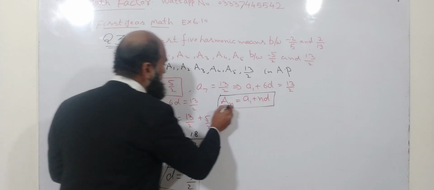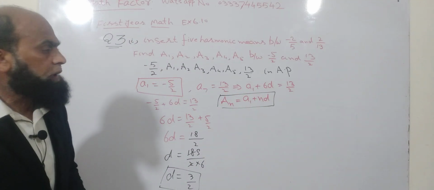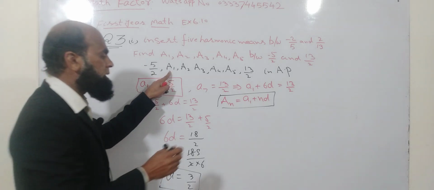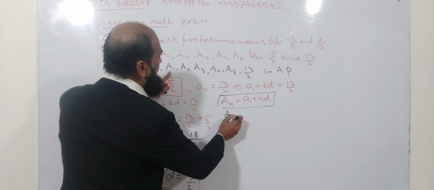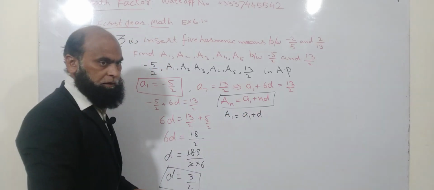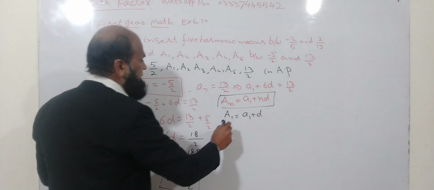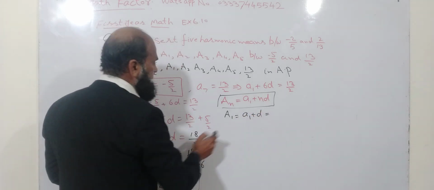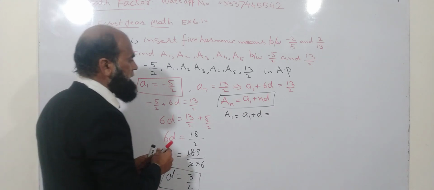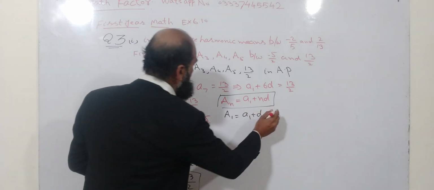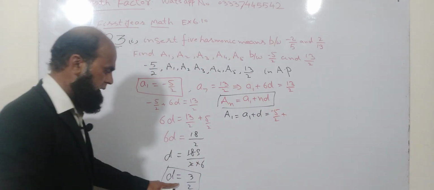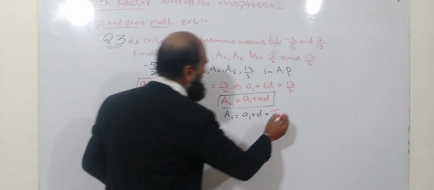Now we write here A1, capital A1, is equal to small a1 plus D. After the replacement of values, small a1 is equal to minus 5 by 2 plus D, D is 3 by 2.